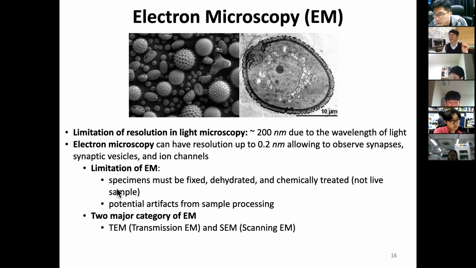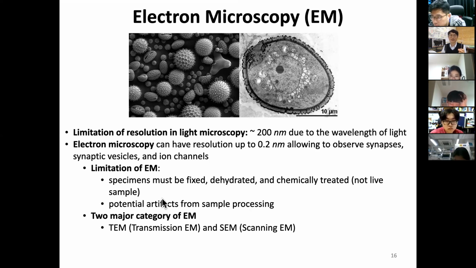And think about it, during this harsh fixation and dehydration, the sample will inevitably change its morphology, its original structure. So that's an artifact. You have to keep in mind potential artifacts from this processing of the sample.